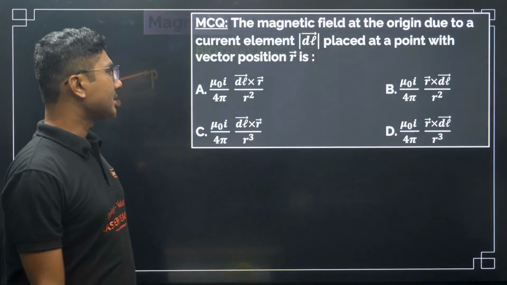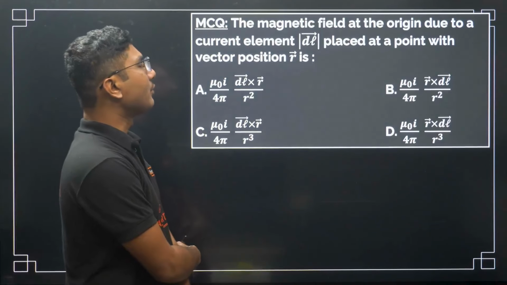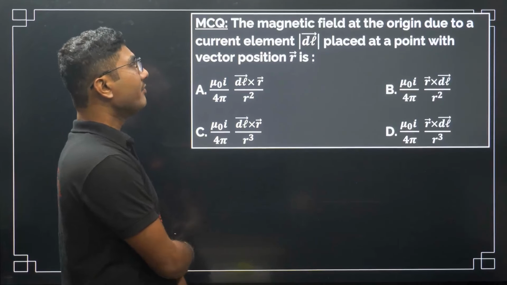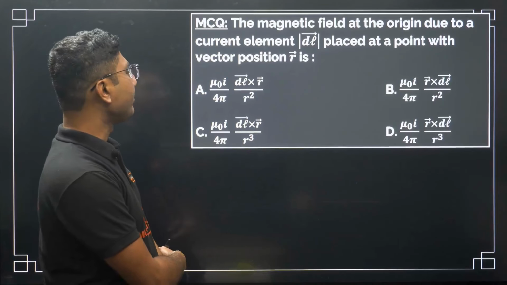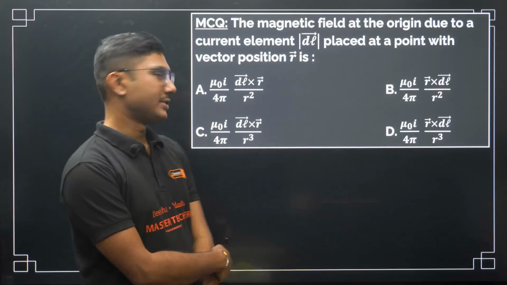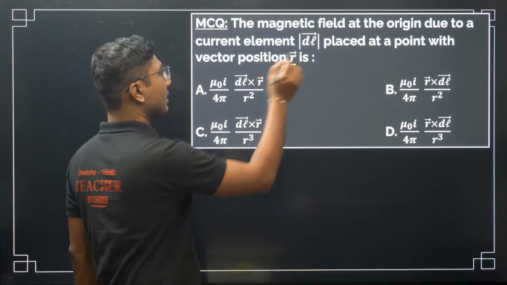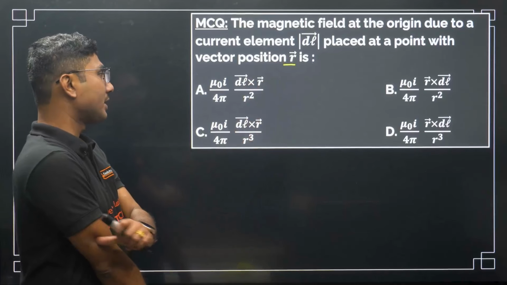Now let's see the next question. The magnetic field at the origin due to a current element dl vector placed at a point with the position vector r is. So the question is the same as the formula that we have written.